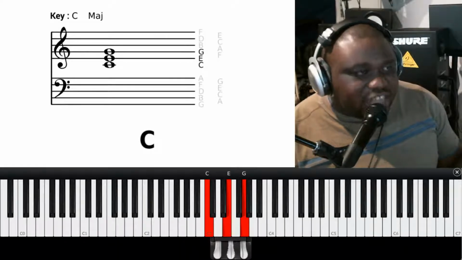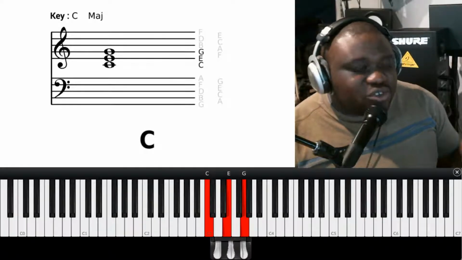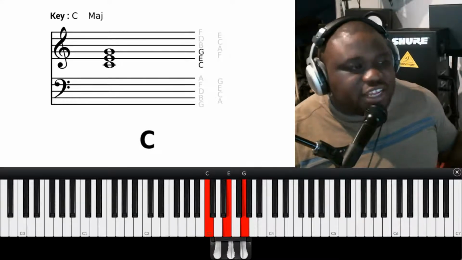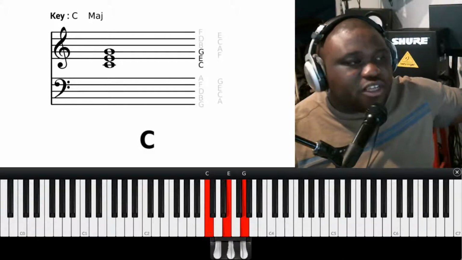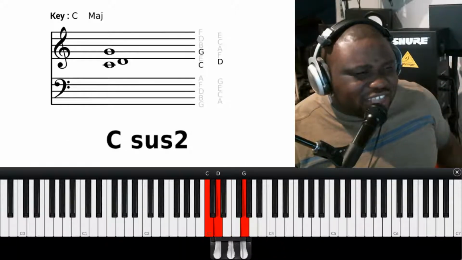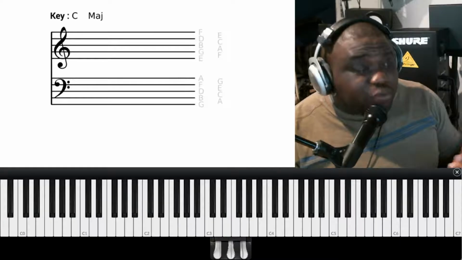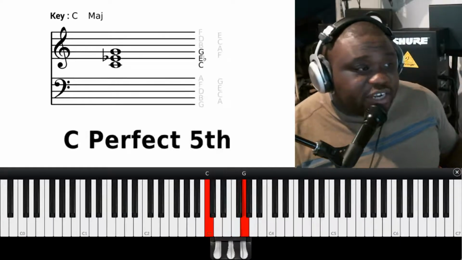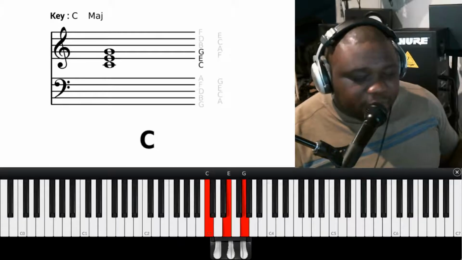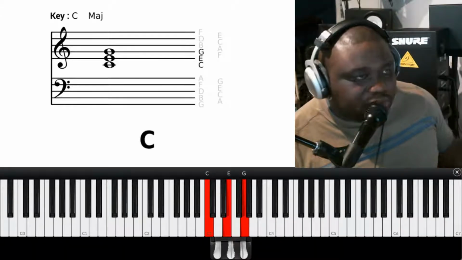To get that suspended 2, we are going to use the same concept as the minor, but now a whole step down, which means 1 and 2. You guys see how beautiful that is? The same way we have always known minors, minor is so easy because it's just one, but now it's 2 to get that suspended 2.